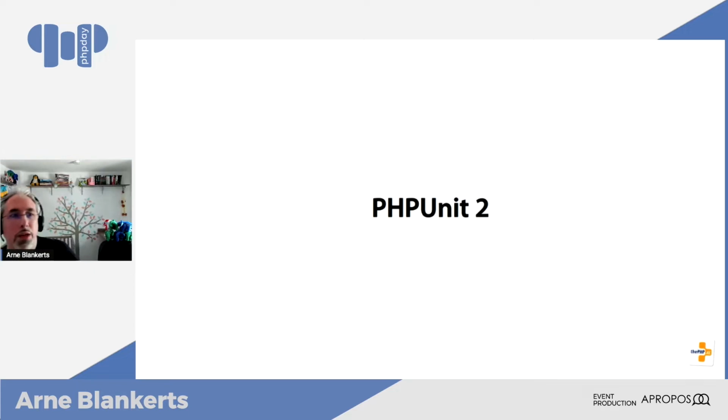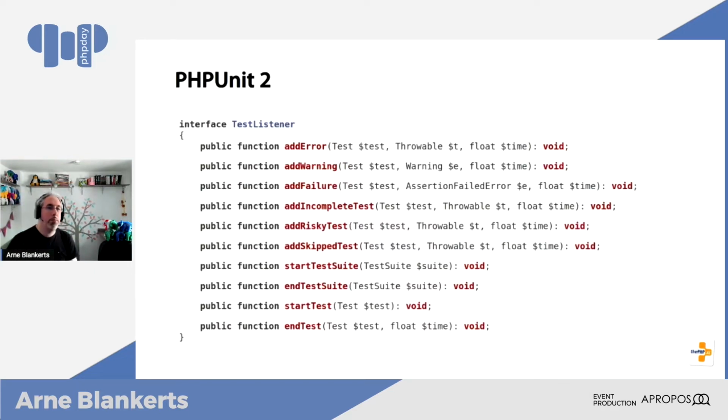And back then we had what is still available as of today, the TestListener interface. And while you can see that this is potentially a quite large interface having various methods, it covers everything that you would assume you might be needing to see what's actually happening while running tests.